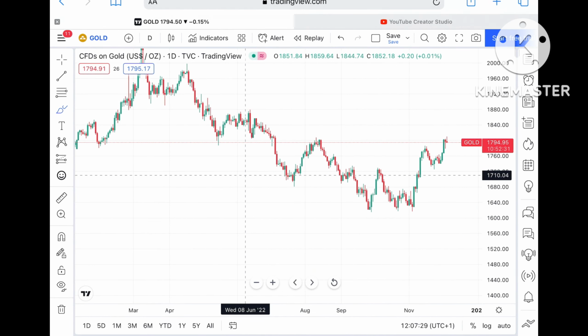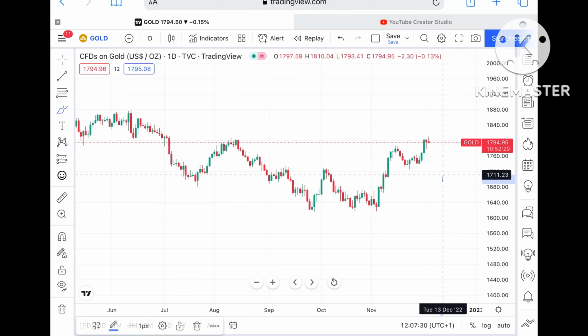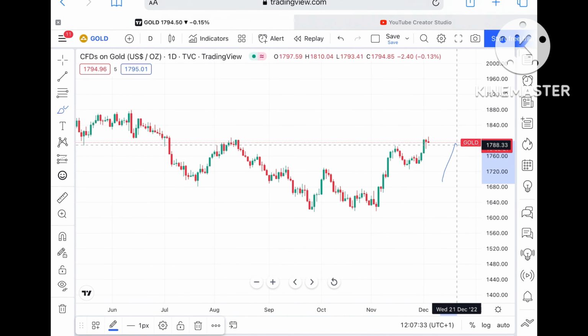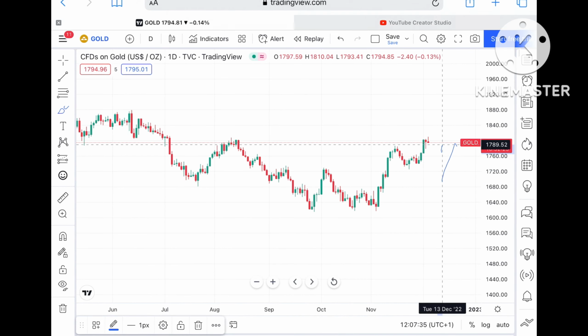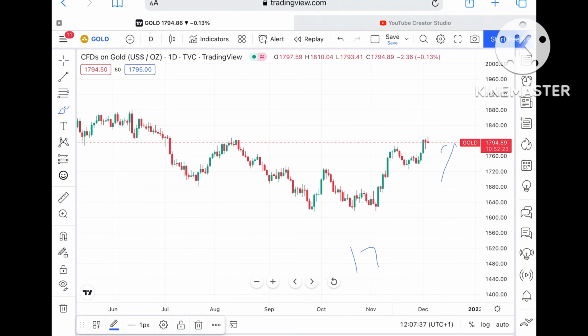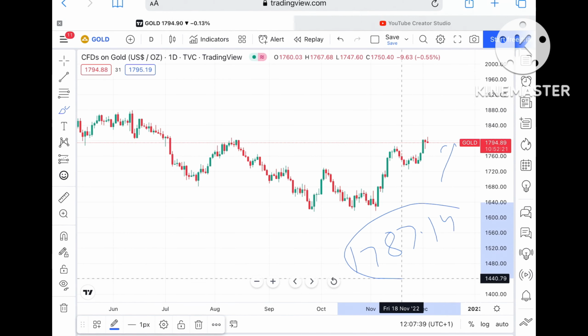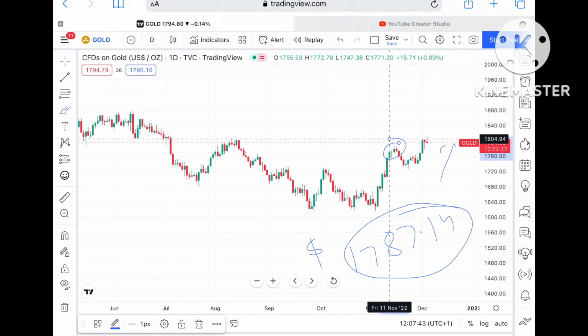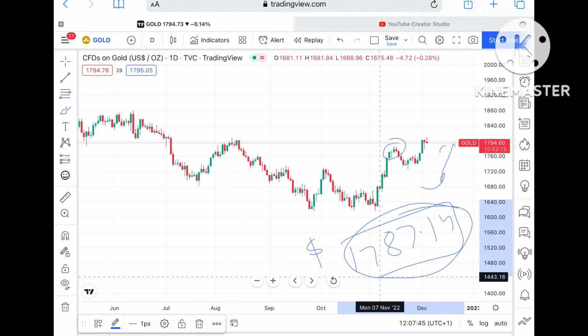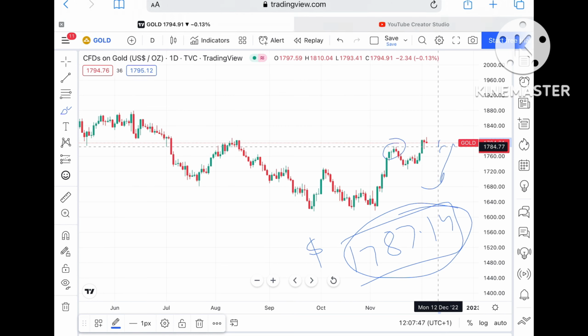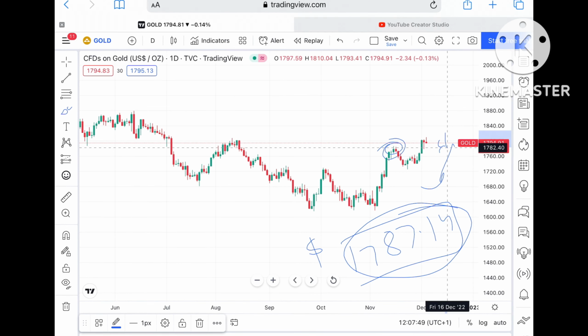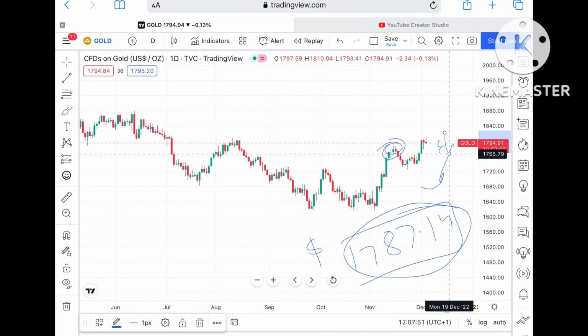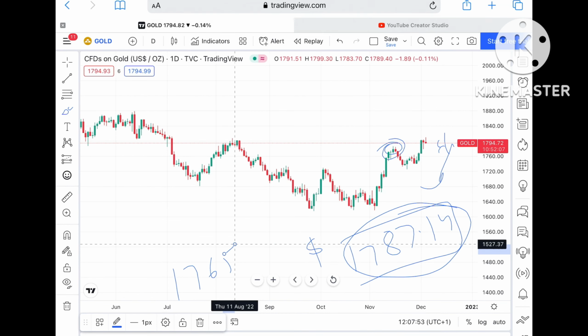But suppose if the price doesn't sustain this particular level, we can see it can go towards a level of $1787.14. This is the support where we can see a bounce back can come. But if this bounce back doesn't come, and it breaks this particular support, then chances of moving further low towards a support of around 1765 is there.